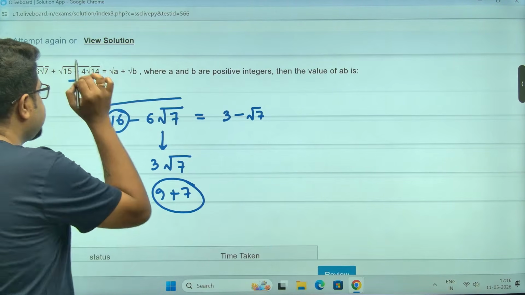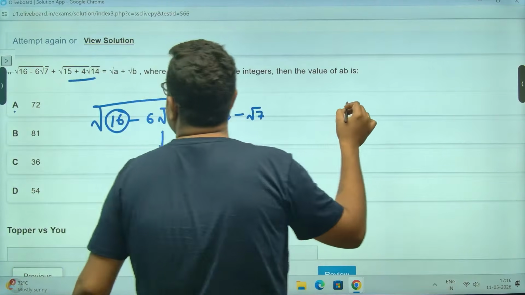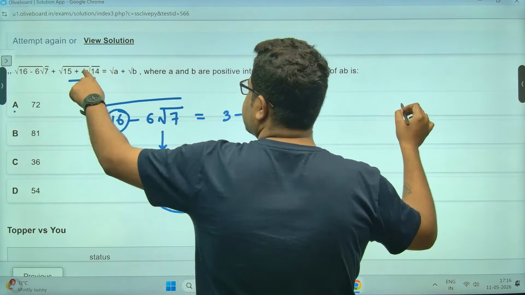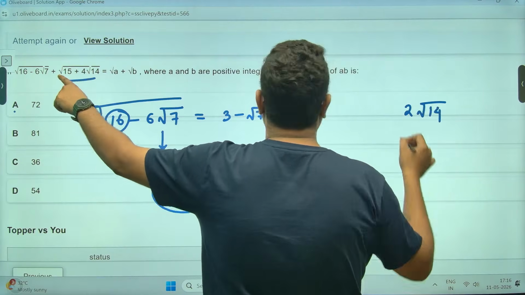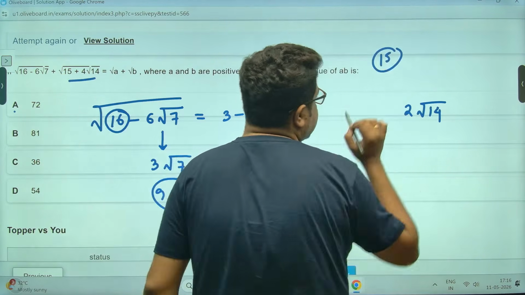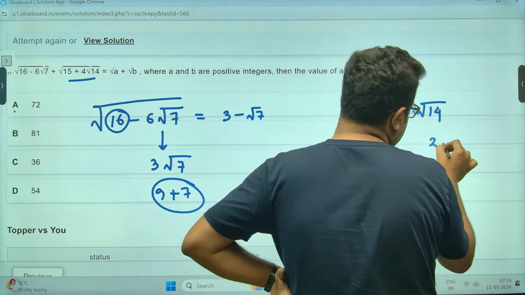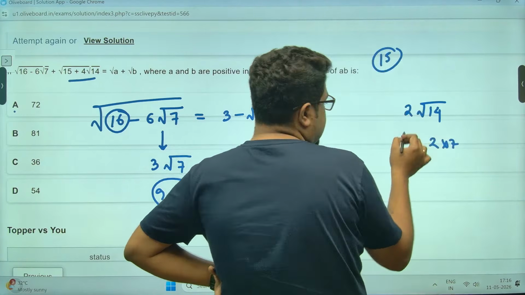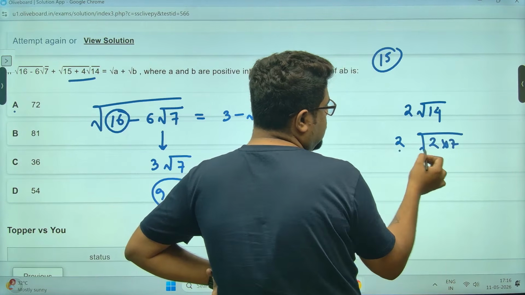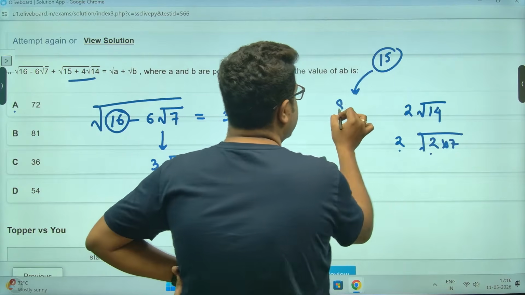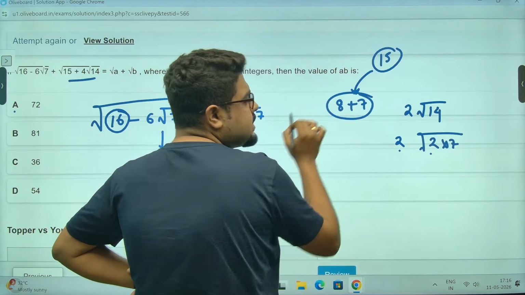What about this, sir? Chalo, let's do the same thing. 4 plus root 14, meaning, sir, you get rid of a 2. This is 2 and root 14. I need to bring 15. Let's see, 2 into 7, and this is 2 outside. Sir, 2 root 2, 8. 8 plus 7, sir. You need to do this quickly.